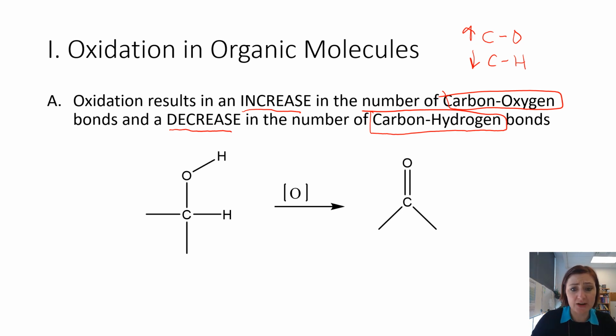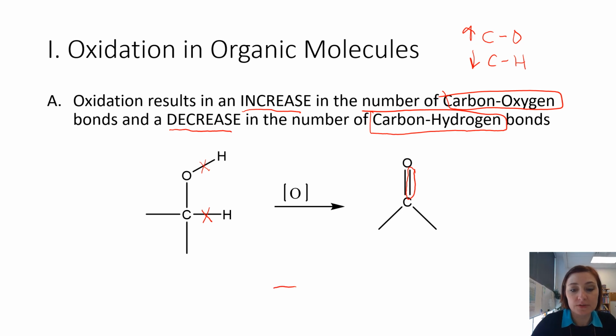In an oxidation reaction, and I've written this O over the arrow, that means that we have an oxidizing agent of some sort. We start with an alcohol, and we are going to decrease the number of carbon-hydrogen bonds. So we lose a bond here. And in order to increase carbon-oxygen bonds, we're going to have to get rid of this hydrogen so that we can add in a second, or a double bond between carbon and oxygen. So notice that we've lost two hydrogens.